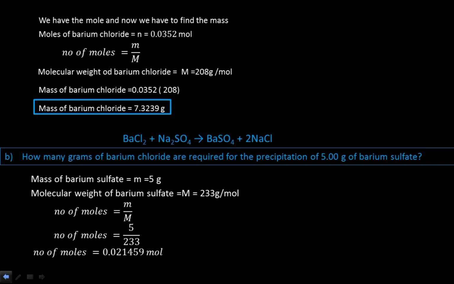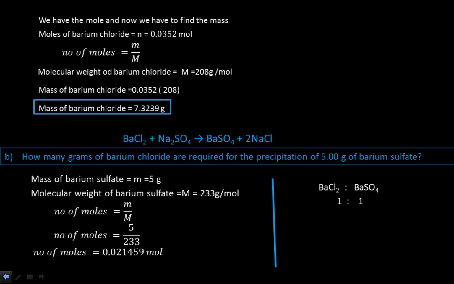So now we have the number of moles and we can further continue our calculations. From the balanced chemical equation, we have to observe our desired stoichiometric ratio. We need to observe the stoichiometric ratio of barium chloride to barium sulfate. So the barium sulfate to barium chloride ratio is 1:1 from the stoichiometrically balanced chemical equation.